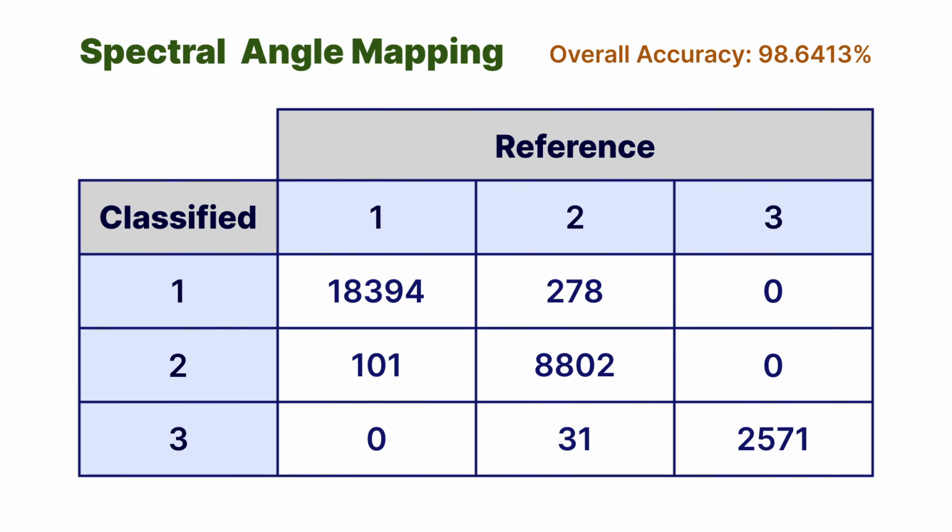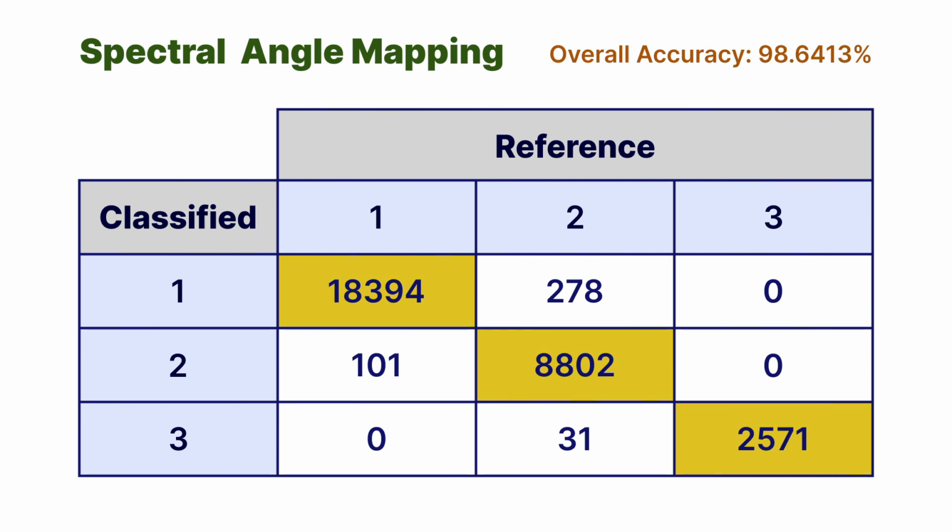Here, we see a similar pattern to the other classifications, with the majority of pixels falling along the diagonal, representing correct classifications. 18,394 pixels were correctly classified as Class 1. 8,802 pixels were correctly classified as Class 2, and 2,571 pixels were correctly classified as Class 3.